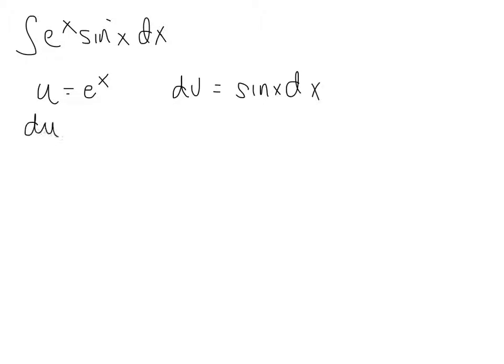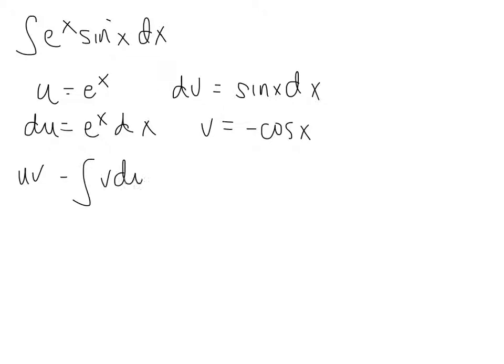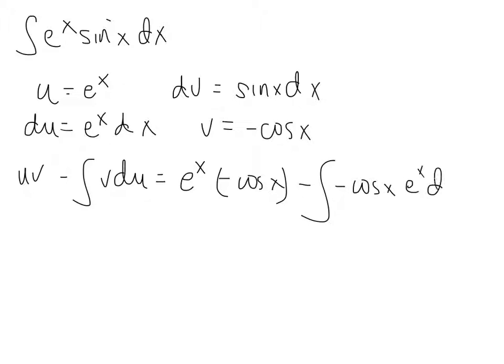The du is equal to e to the x dx, and the v is equal to negative cosine x. So from the formula uv minus the integral of v du, we have e to the x times negative cosine x, minus the integral of negative cosine x e to the x dx.